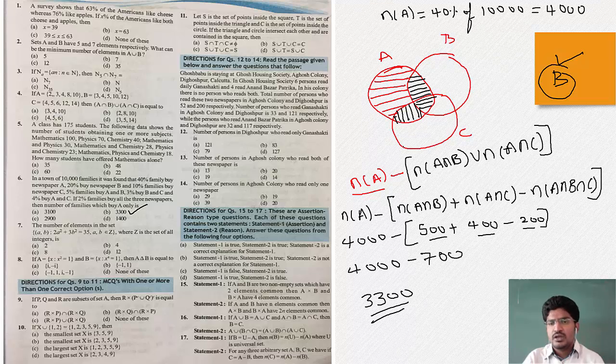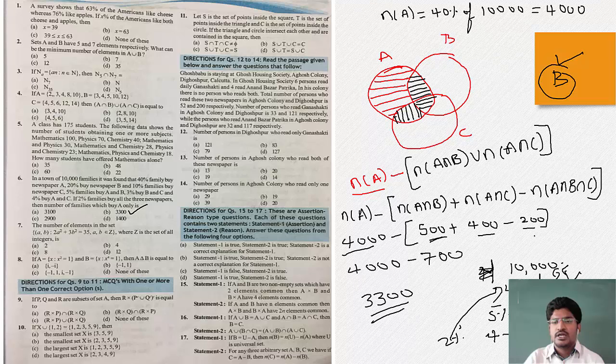So, here they have given totally 10,000 families. So, out of 10,000, 40% of 10,000 is 4,000. 5% of 10,000 is 500. 4% of 10,000 is 400 and 2% of 10,000 is 200.